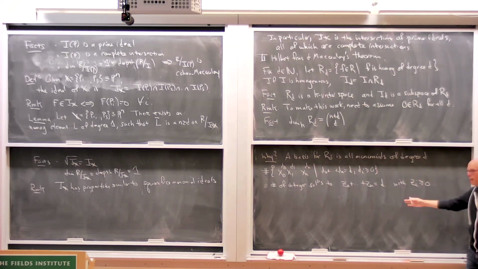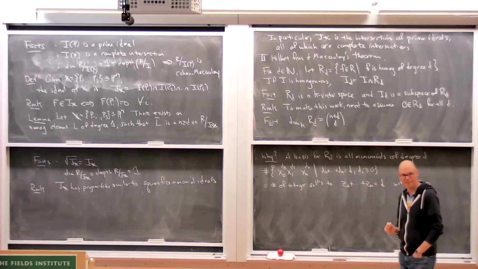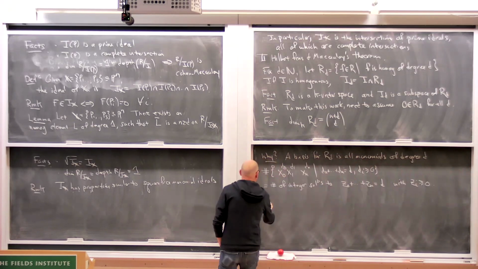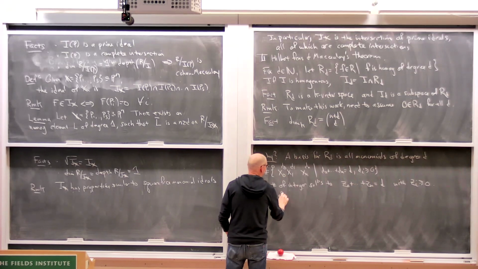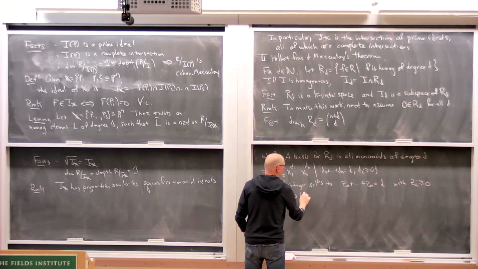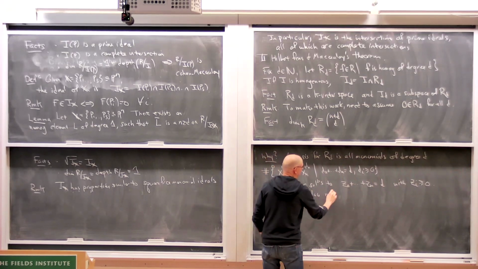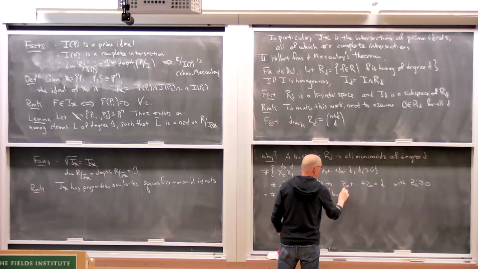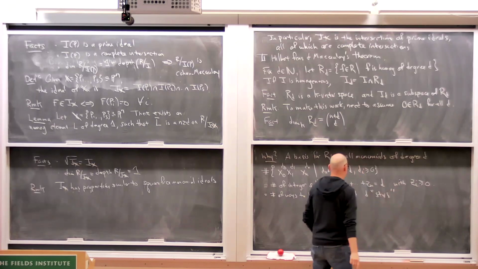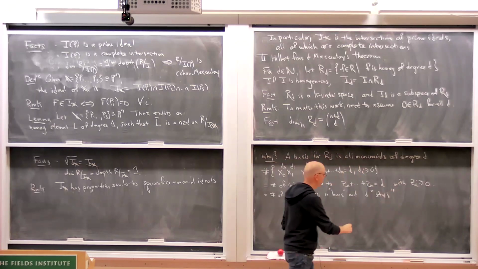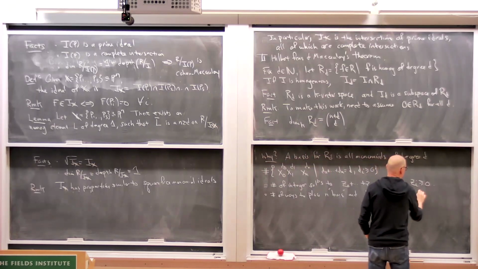Did I say z properly, everybody? Okay. And this is equal to the number of ways to place n bars and d stars in n plus d spots.